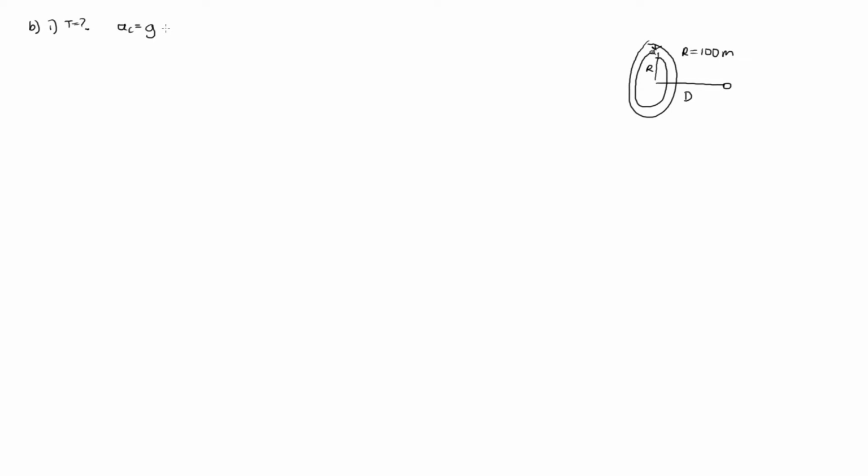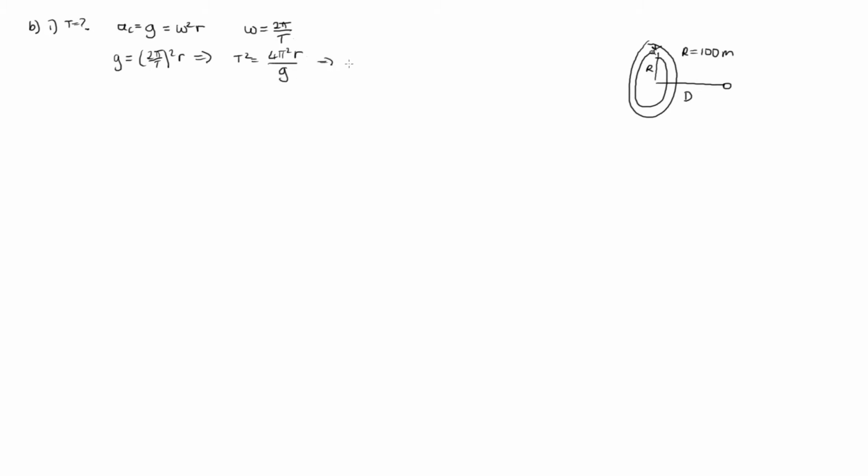And we know that the centripetal acceleration is given by v squared on r, or omega squared r. So from this, we can work out what omega is, and we know that omega is related to the period through omega is equal to 2 pi over the period. So we can say, well, g is equal to (2 pi on T) squared times r. So this tells us that T squared is equal to 4 pi squared r on g.